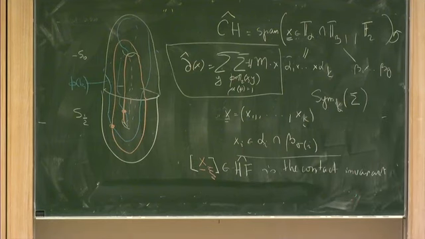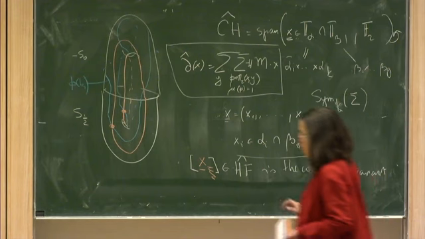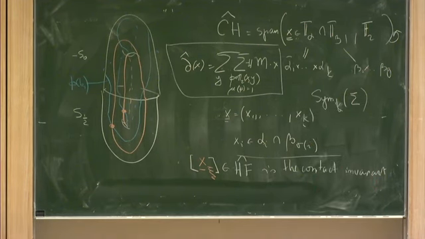That gives us Heegaard Floer homology, and Ozsváth and Szabó showed that it's independent of all the choices that you make, and so on.